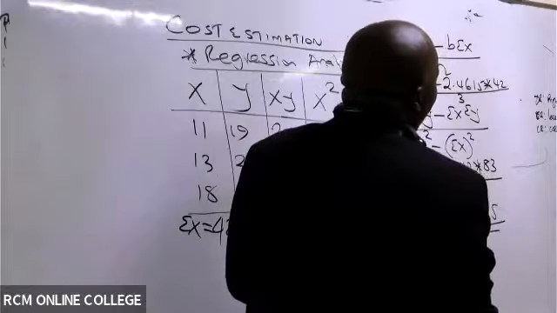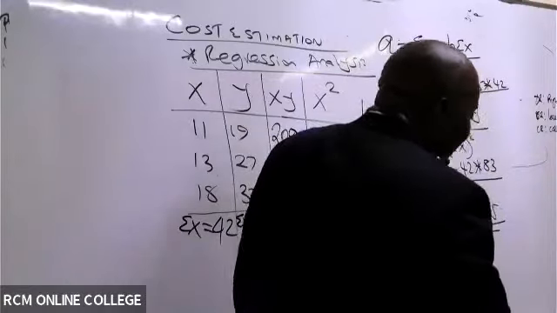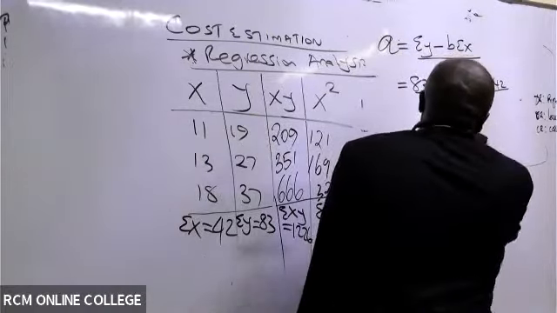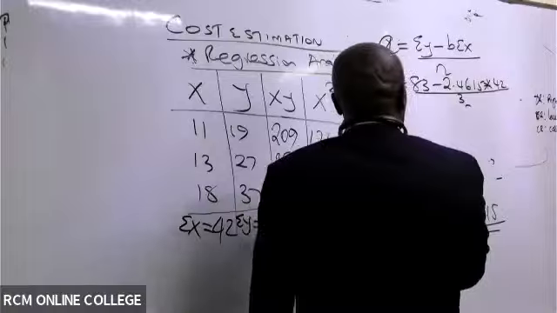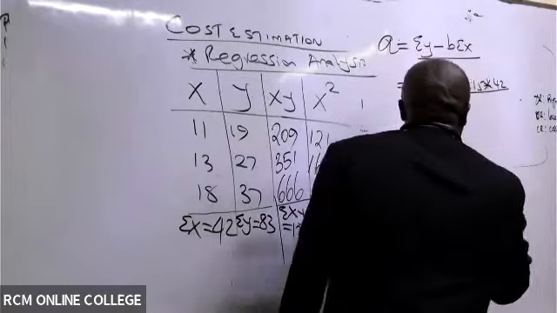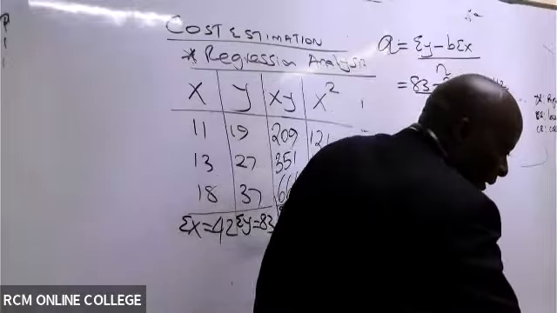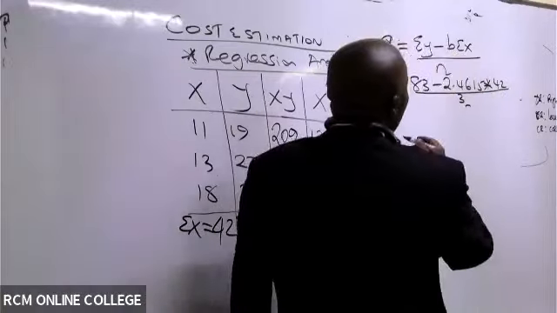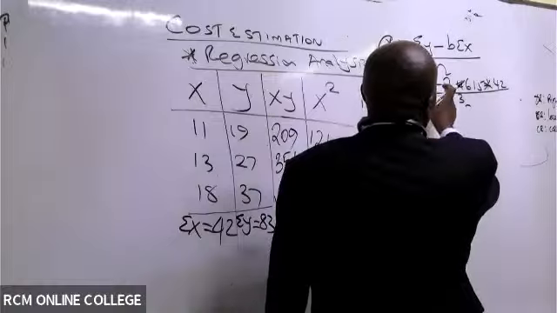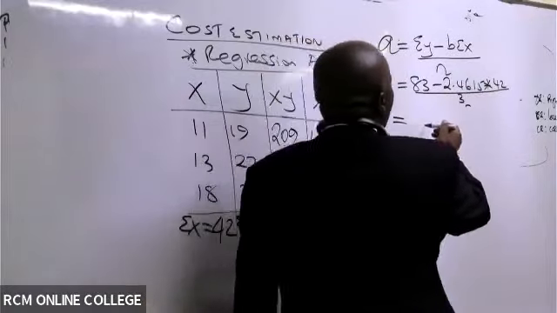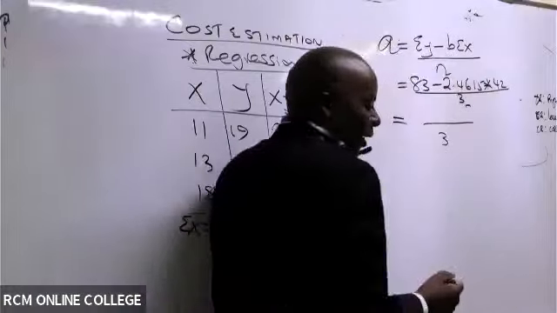So what I do not know is whether we have a very bright student who will be able to give me the value of the numerator. The numerator alone: 83 minus that times 42. Denominator, I'm aware of a 3 there.